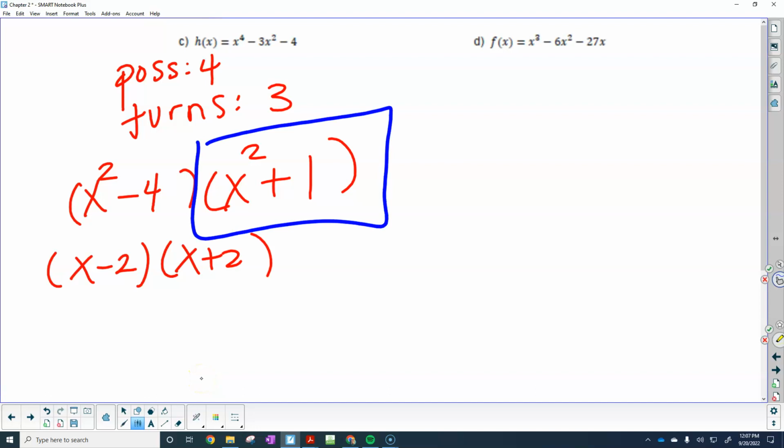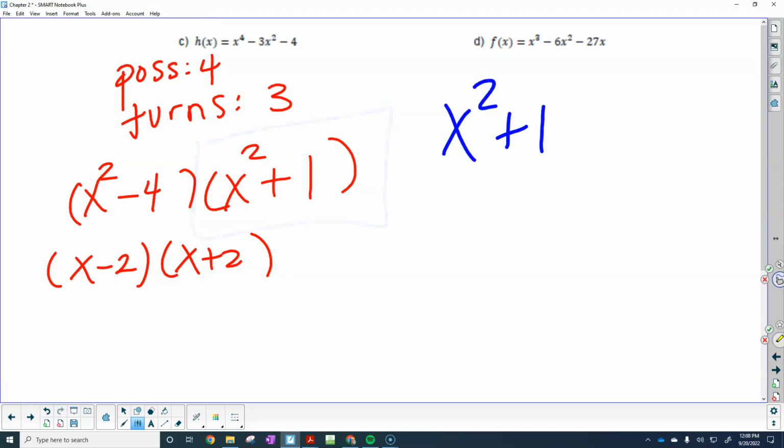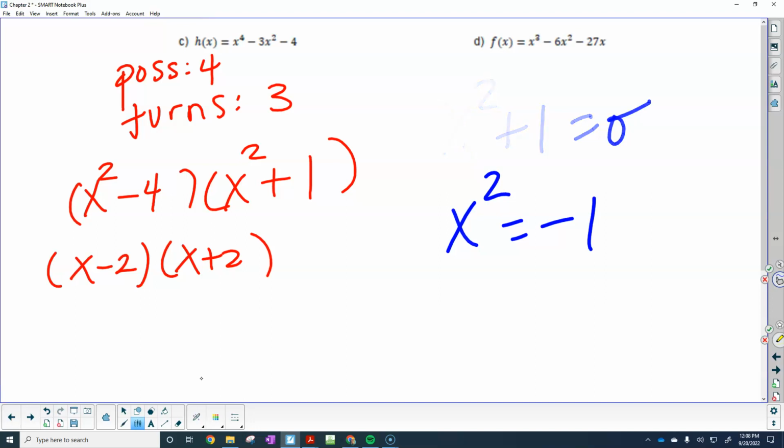that's imaginary, guys. So if I tried to solve that, it would be x squared plus 1 equals 0. Move that 1 over. I'm trying to take the root of a negative number. Impossible. Hold on. I'm trying to take an even root. Anytime I try to take an even root of a negative number, that's imaginary.